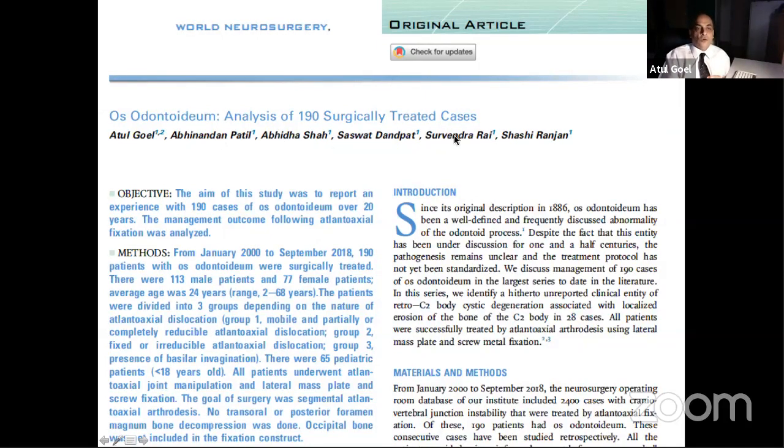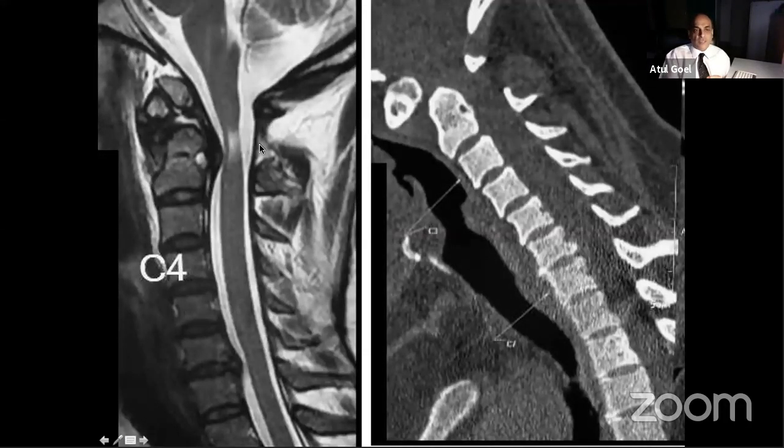So this os odontoideum you have seen on several occasions. And when you see it, you think that there is a problem here, and there is an unstable spine, and the odontoid process is pathological, and this certainly needs stabilization. So this is the concept.